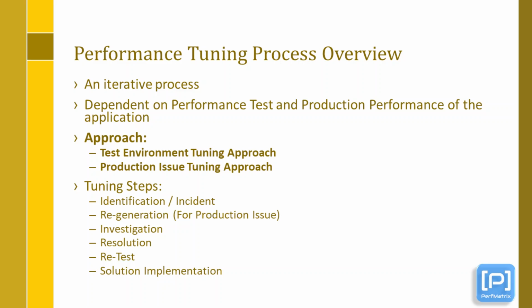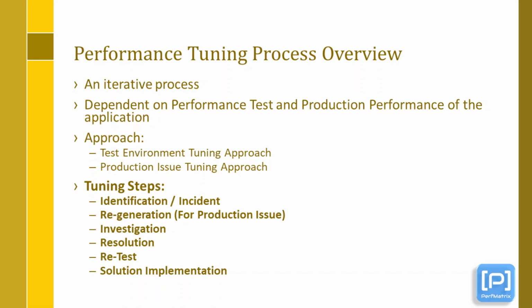Now let's see what steps are involved to tune an application. The first step is the identification of the issue in the production environment or in the test environment. In case the performance issue is identified in the production environment, then a production incident is created by a support team and assigned to the dev team.